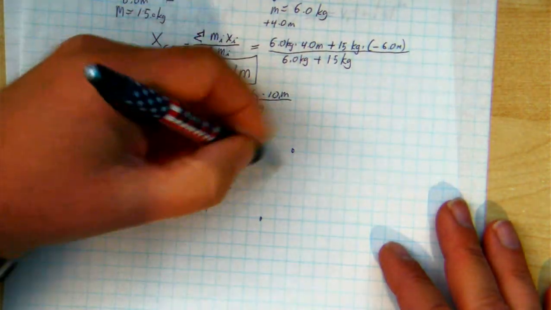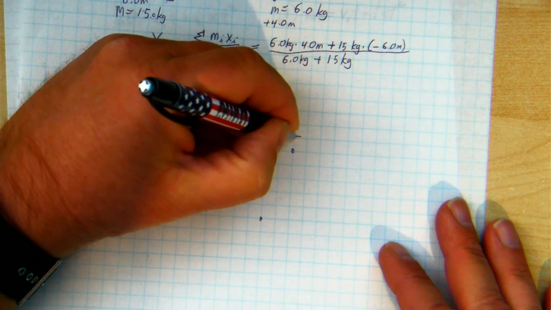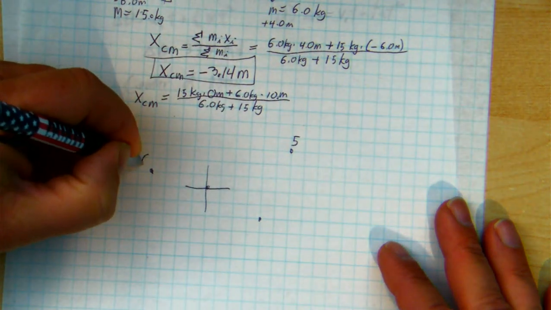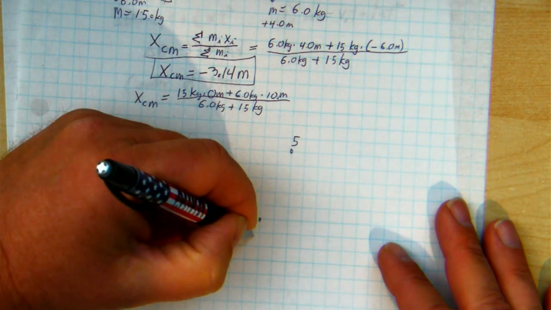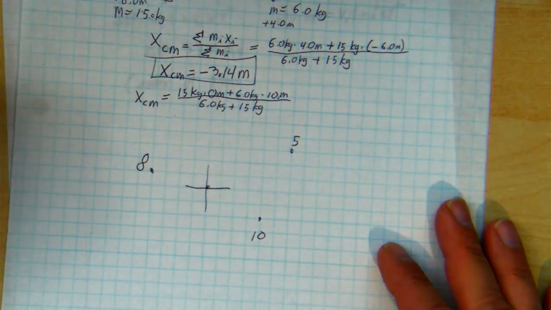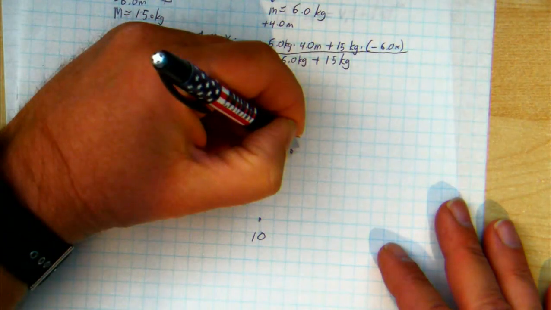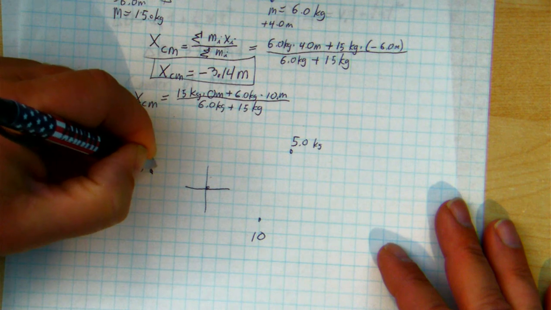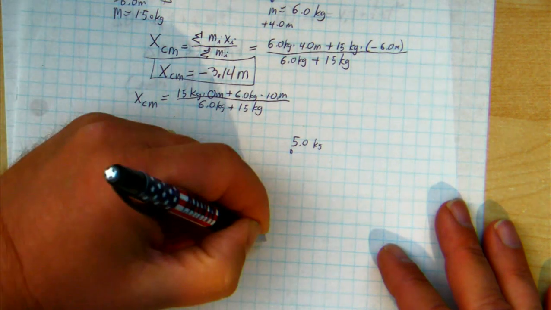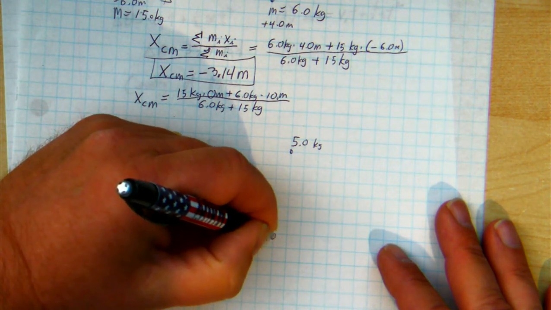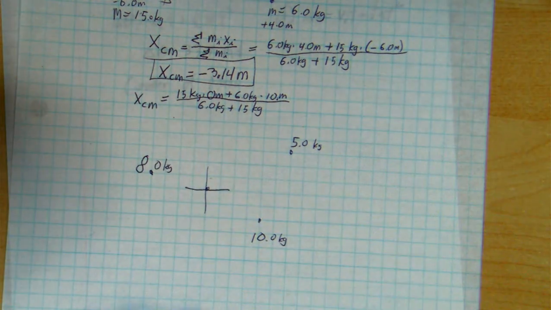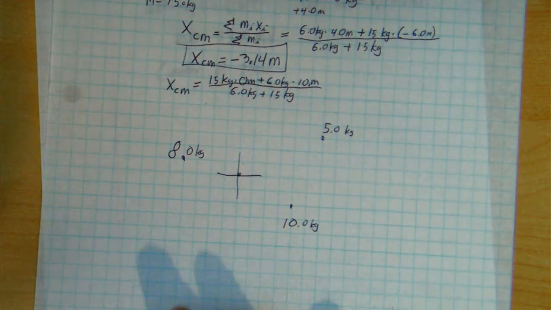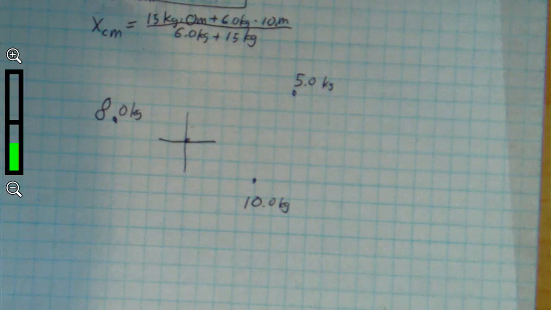Let's make this, how about 5, 8, 10 kilograms. And I say, great, tell me where the center of mass is for this 2-dimensional system.